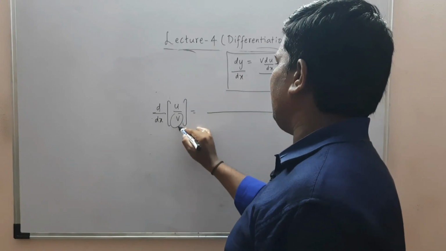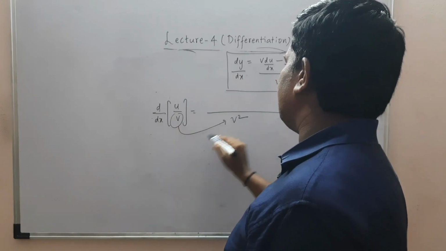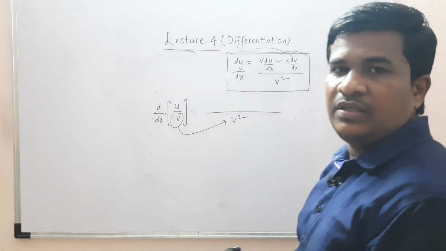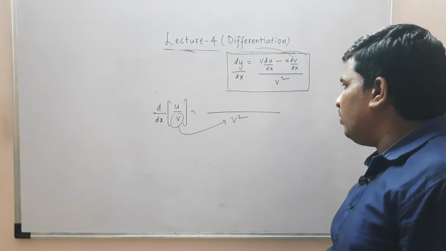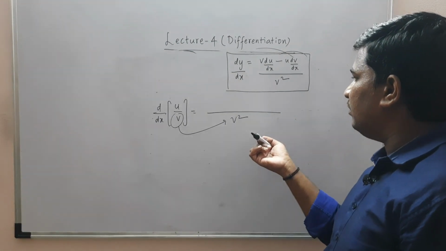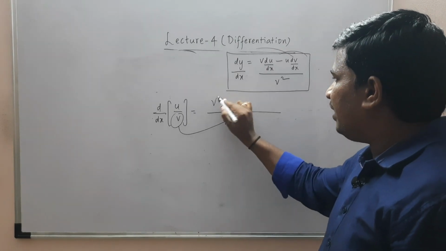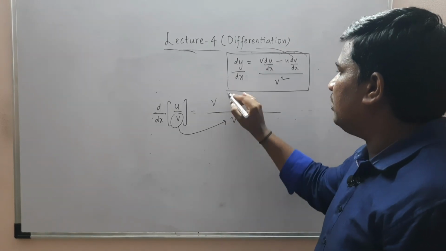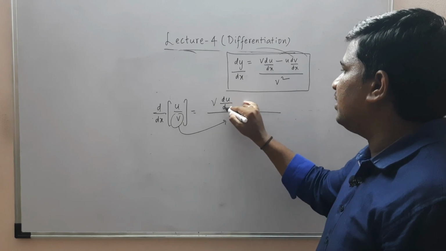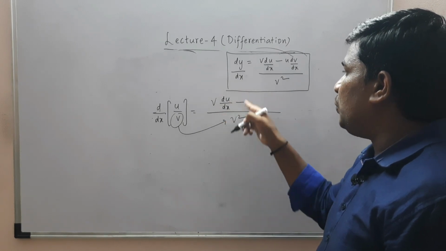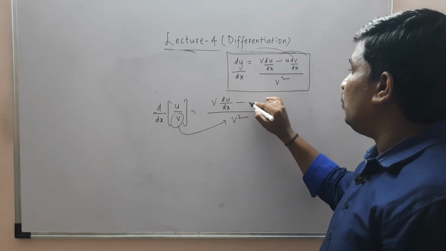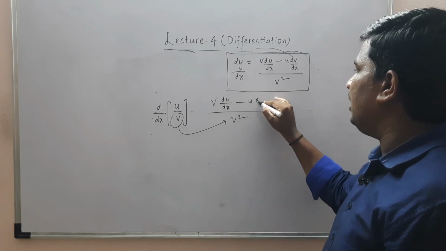This v you write as it is, and this function squared you write here. Then what you remember is the same v you place here, v into du by dx, minus u into dv by dx.